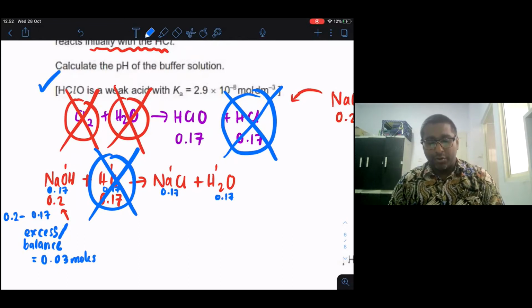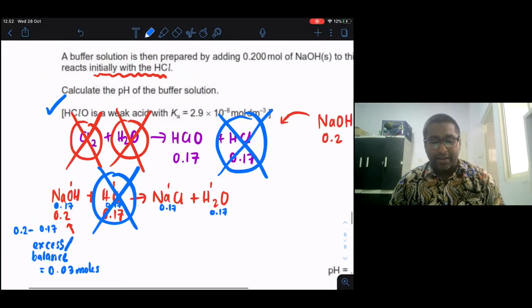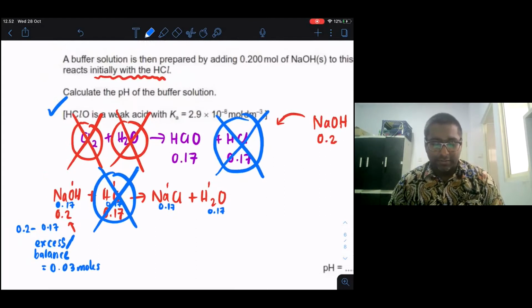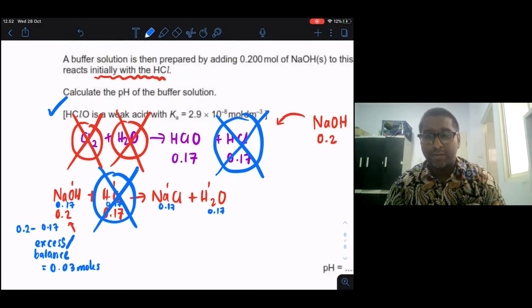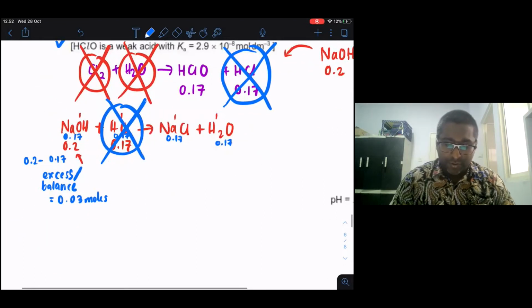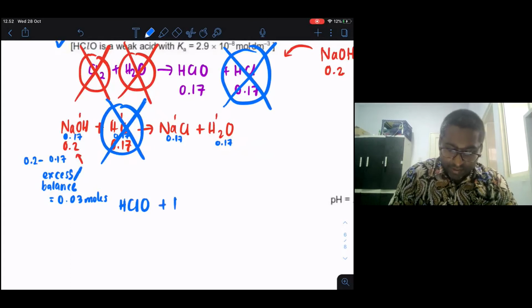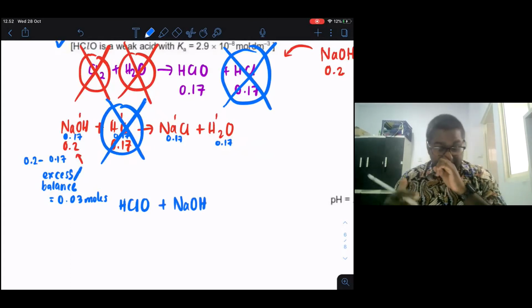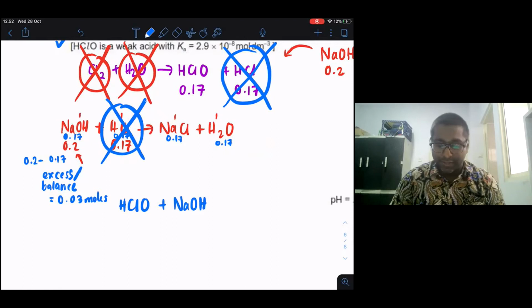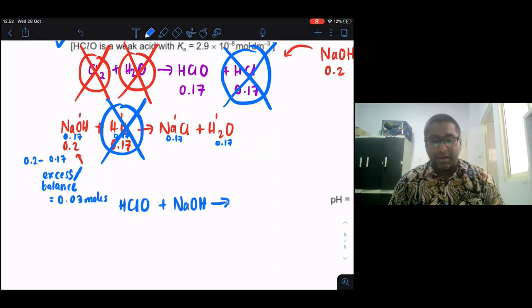So do take note, when they say sodium hydroxide reacts initially with HCl, it means the sodium hydroxide can also react with something else. In this case, sodium hydroxide will react with the HClO now. So I will write down the equation for HClO plus NaOH. This is basically a neutralization reaction, a weak acid with a base.